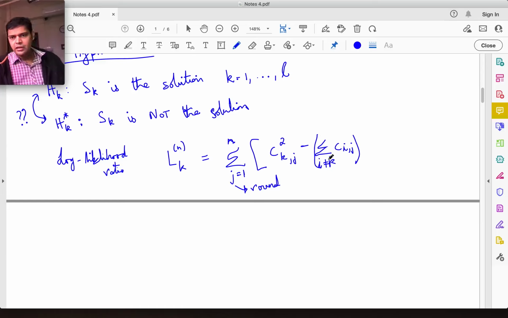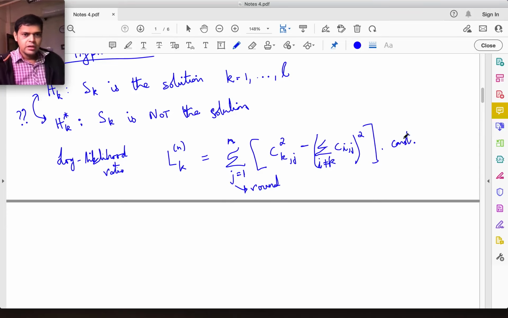So we are looking at all votes other than K, and we are grouping them into one and taking the square. And of course here we have that particular constant, which is the same as the constant we had in the earlier likelihood ratios.